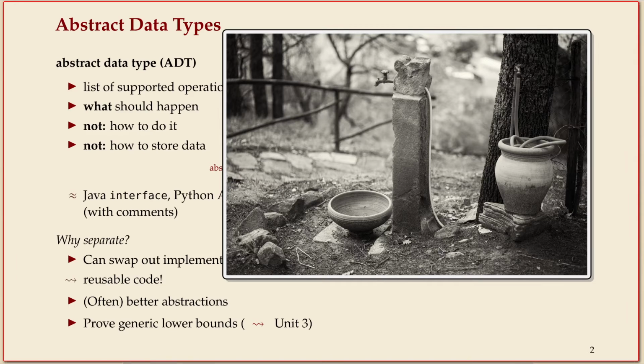A little warning at this point, though. Sometimes, as in this picture, things can go a little awkward. If you have interfaces and you limit yourself to an interface, it might look like this is a tap somewhere that you can only access by turning it. But actually, there's a long hose attached to it. And if you need to get water somewhere else, it might be better to just detach that hose at this point and pull it over.